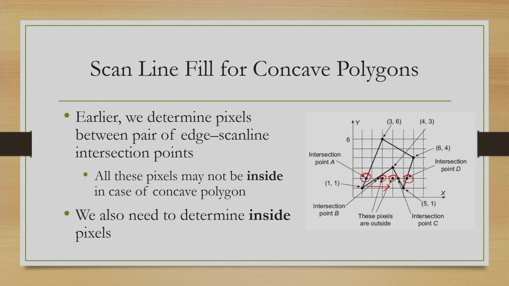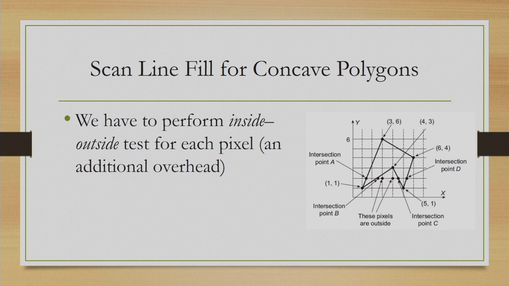What we need to do is explicitly determine inside pixels, pixels that are inside the polygon. As you can see from the figure, that is not so obvious for concave polygons. So, in this case, we need to perform an inside outside test for each pixel, which is of course an additional overhead.